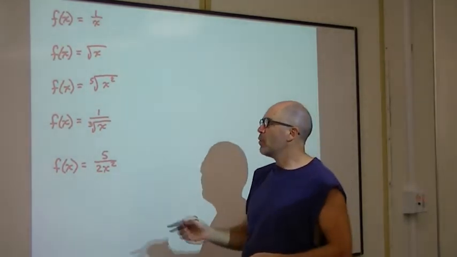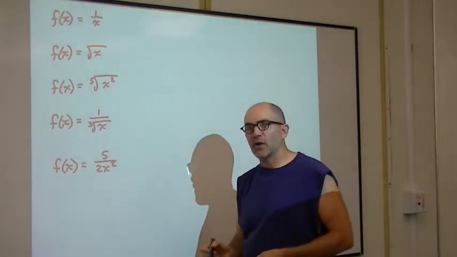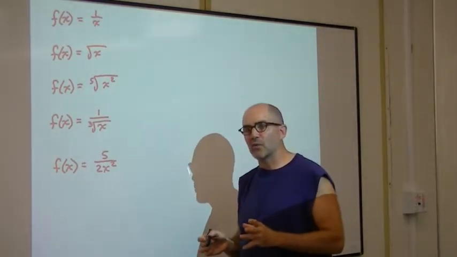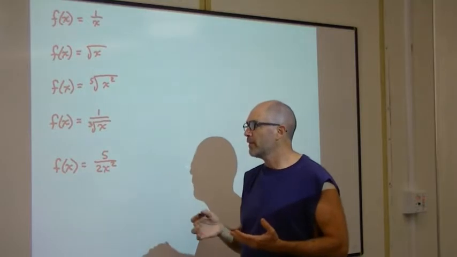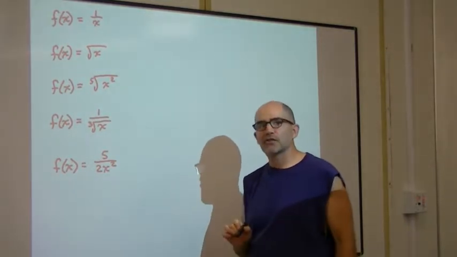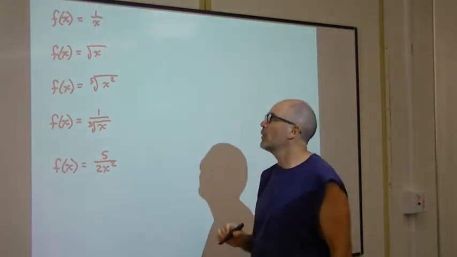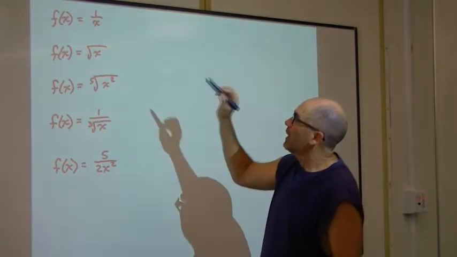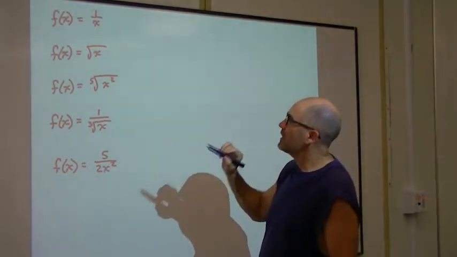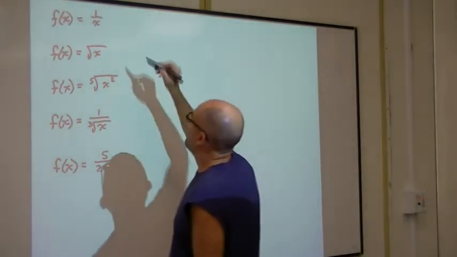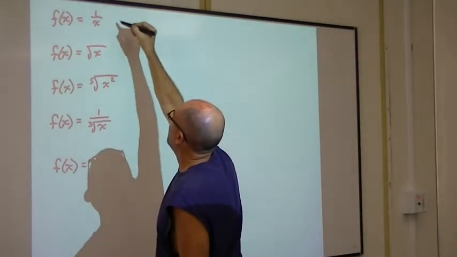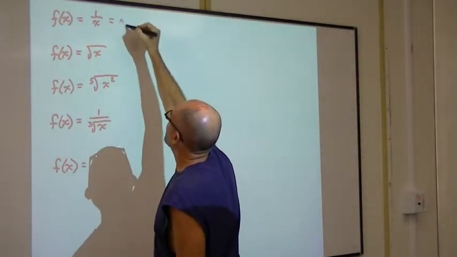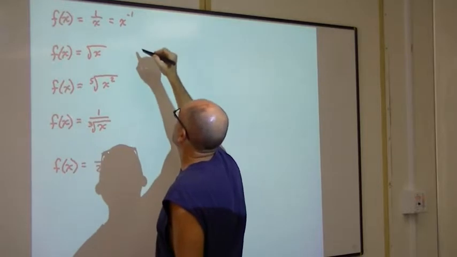Now, at this point, if you can figure out how to do all these, you could pause the video right now, do all your derivatives, and come back, check it, make sure you got it right. Okay. If f of x is 1 over x, then basically that means f of x equals x to the negative 1.